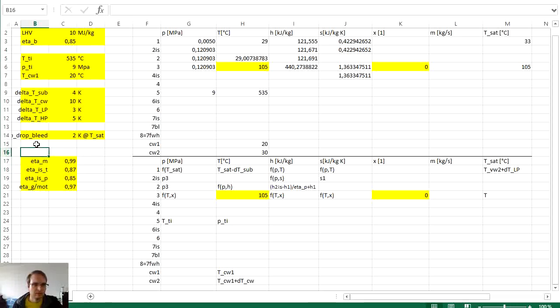As we had P drop bleed, we will have P drop boiler, and we will say that in the boiler the pressure drop is 0.3 of absolute pressure at the inlet.